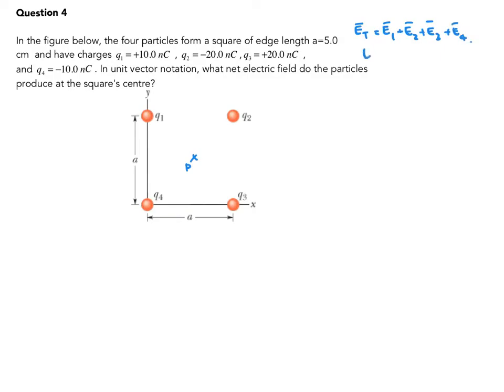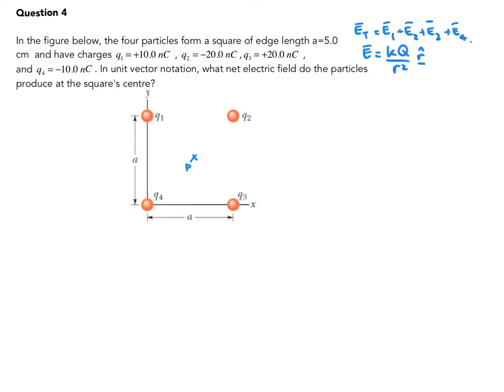We could just use our electric field is equal to KQ over R squared with our little unit vector like that, and just find out what it is for all of them and add it up. But we could use some smarts here, and we could use some cancelling of the field to make this a bit easier for ourselves.